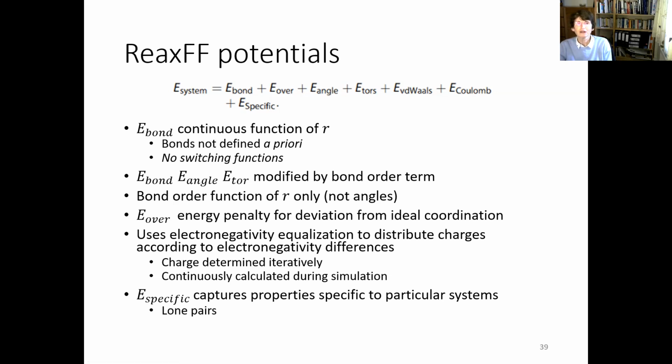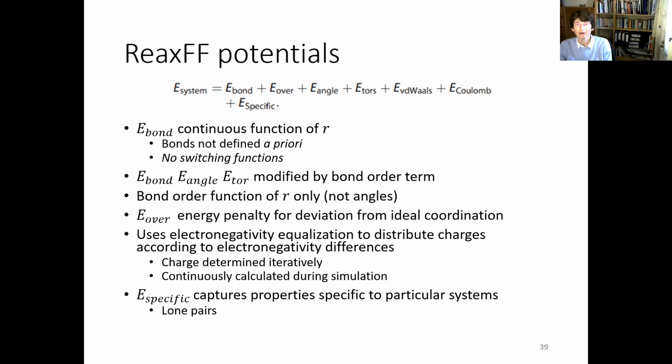The important thing is that there are some very significant differences between this and our multi-body potentials that we had before. That basically means that our bond angle and torsion angles are all modified by a bond order term. Just as we talked about for our covalently bonded materials, we have a bond order term that we calculate for all bonds, and they modify all of the bond angle and torsion terms.